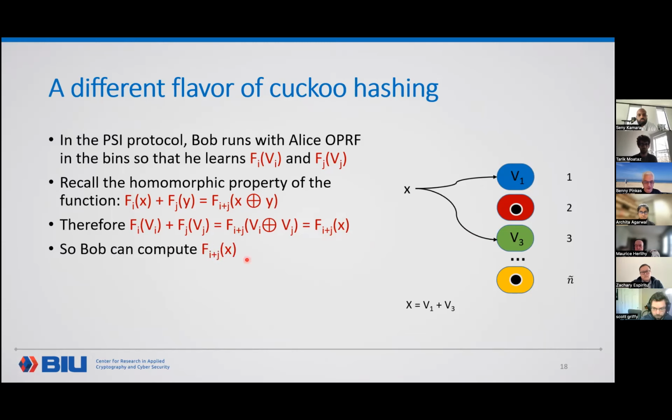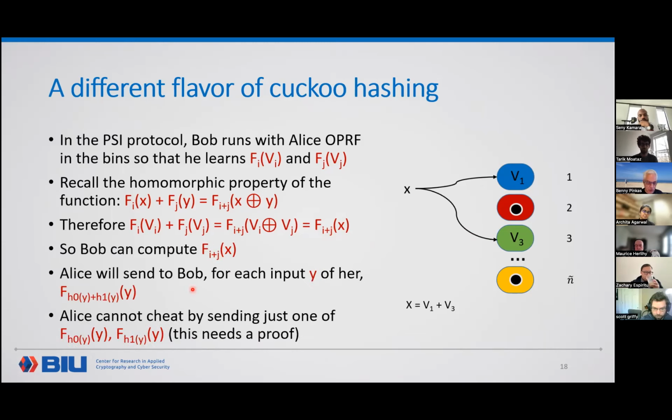Now, why is this good? The problem we had before was that Alice would send to Bob the F of X for just one of these two bins, and she would learn whether Bob decided to put X in the first bin or the second bin. This would reveal information to her. Here, there's no such choice for Alice.